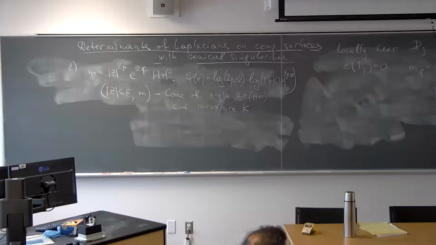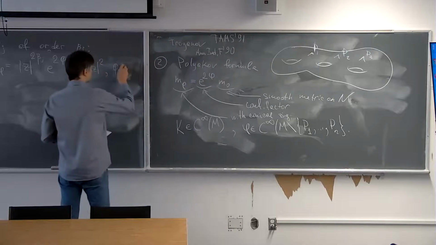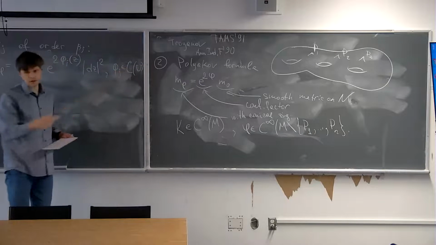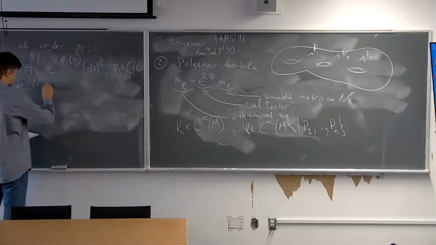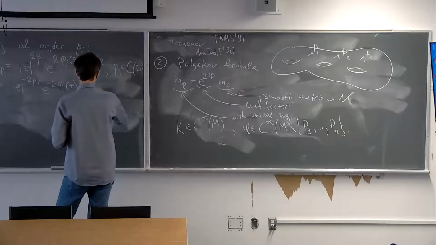Even though we assume that the curvature is in C infinity, the regularity we have here is just a continuous function in U. It's smooth outside of the tip of the cone, but at the tip we have only continuity. The Laplacian associated with this metric can be locally written like this: minus |z|^(-2 phi_j) minus 4 dz dz bar.